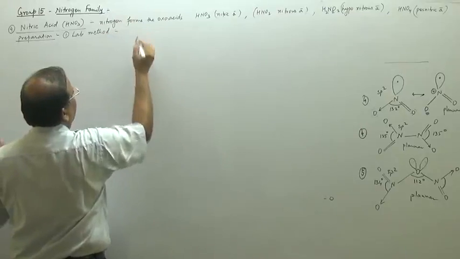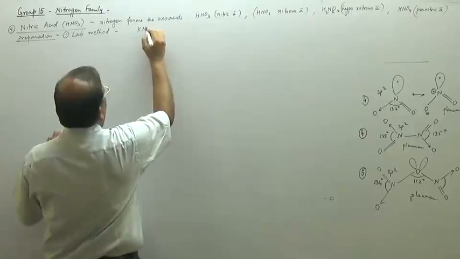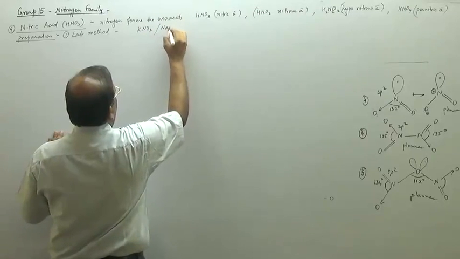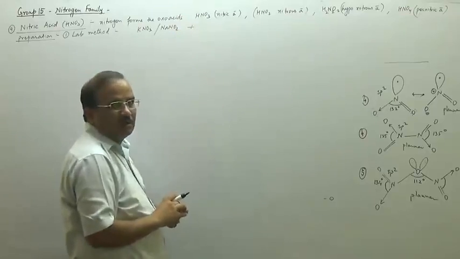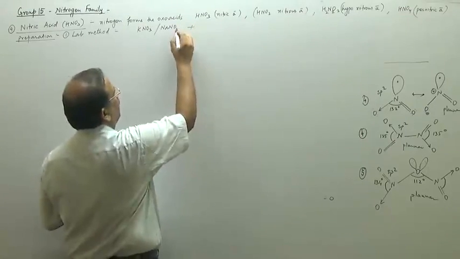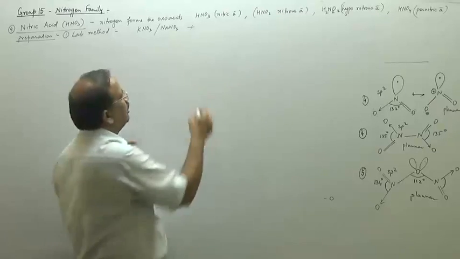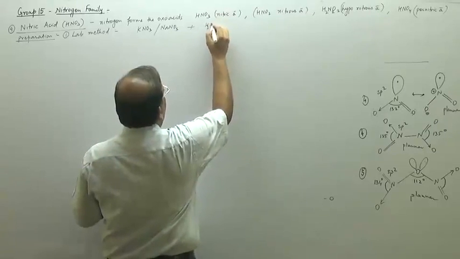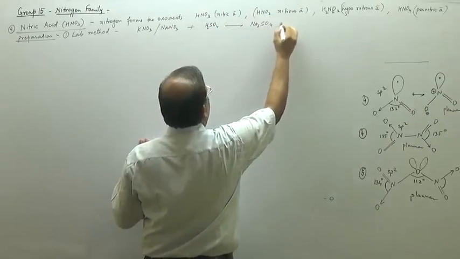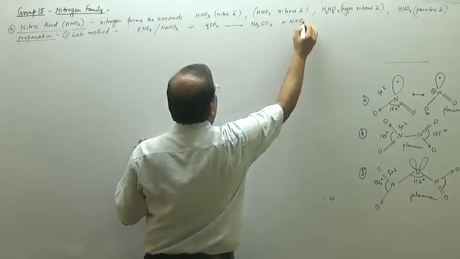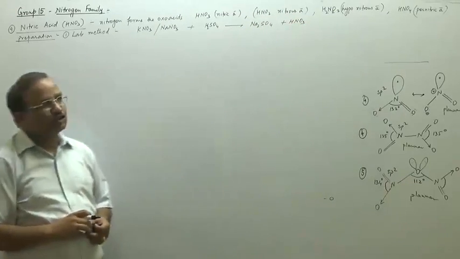The salt of nitrate, potassium nitrate or sodium nitrate, NaNO3, when treated with H2SO4, because the sulfate of sodium or potassium is more stable than the nitrate. So I'll write H2SO4, and I'm going to get Na2SO4 plus HNO3. The product formed in the reaction is nitric acid. That is the lab preparation method.